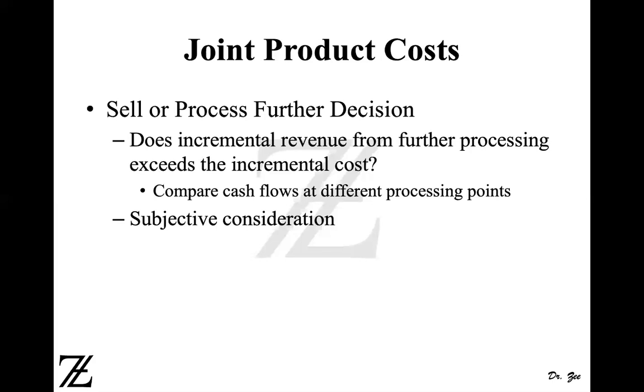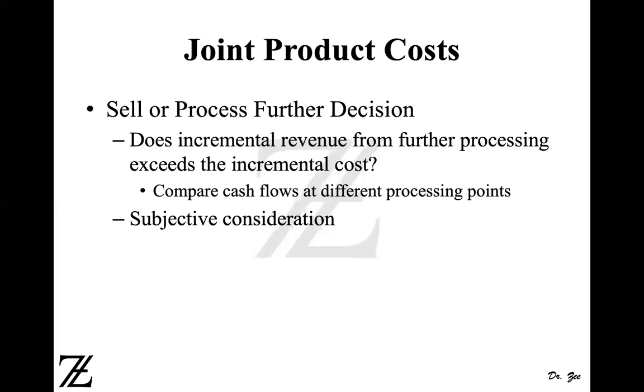However, if processing it further costs you $5,000, but you can only sell it for $106,000, then your incremental revenue, 106 minus 102, is $4,000, while the incremental cost from $100,000 to $105,000 is $5,000.